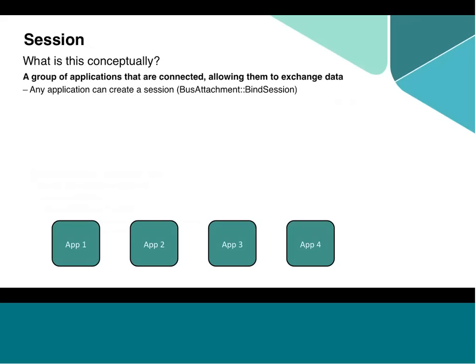And conceptually, this is really a way to group applications together that want to interact in an efficient way. And so what happens is any application here of the 4 that I have below can call the method of bind session. And what's going to happen is those advertisements are then sent out, and that lets everybody know that a connection, if you're interested, can occur.